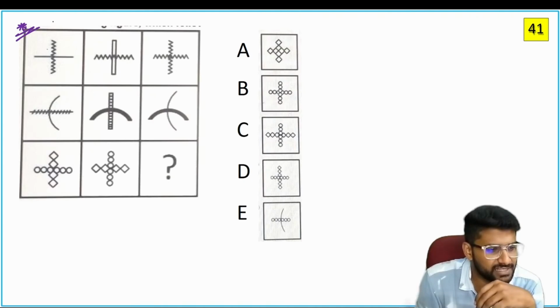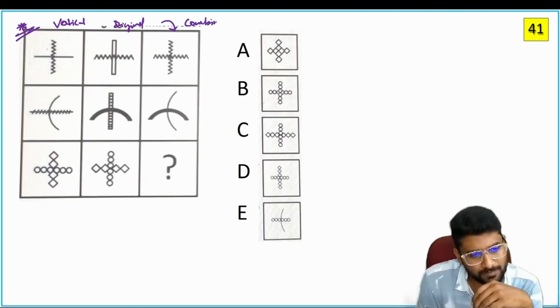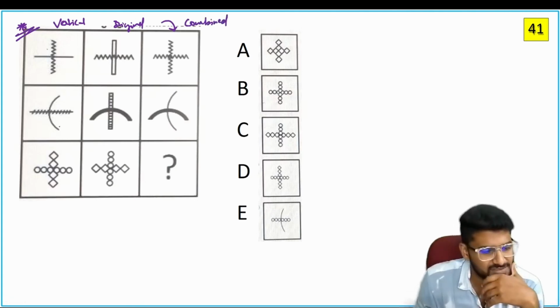They consider the vertical element here. They consider horizontal in this picture. If they combine, you will get this picture. Most of the students choose either B or C, but that is wrong, guys. That's wrong. Why?